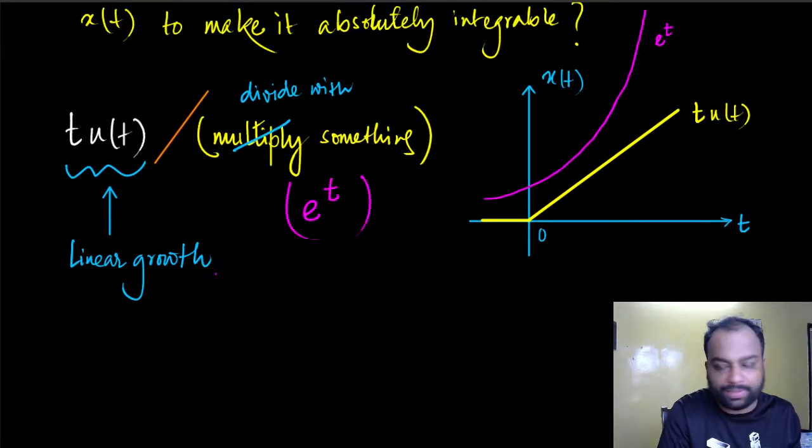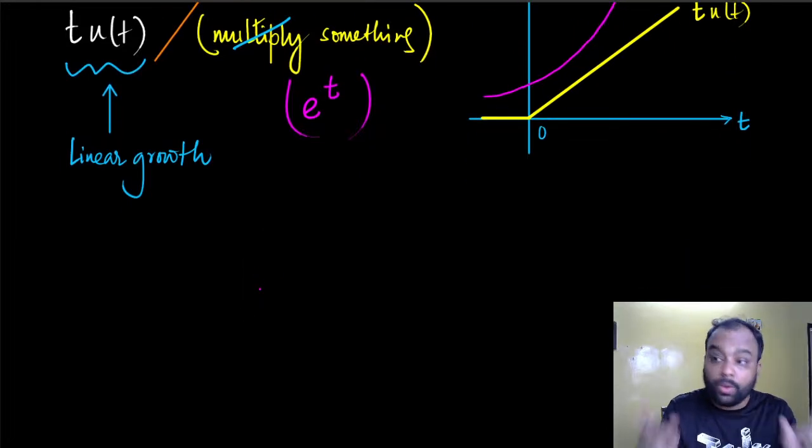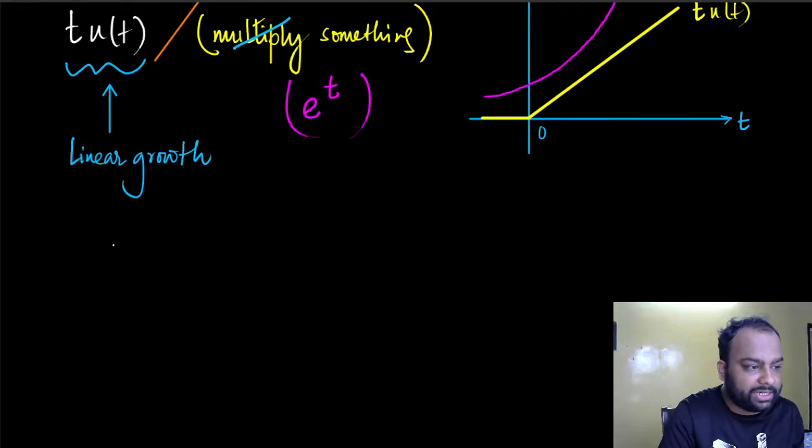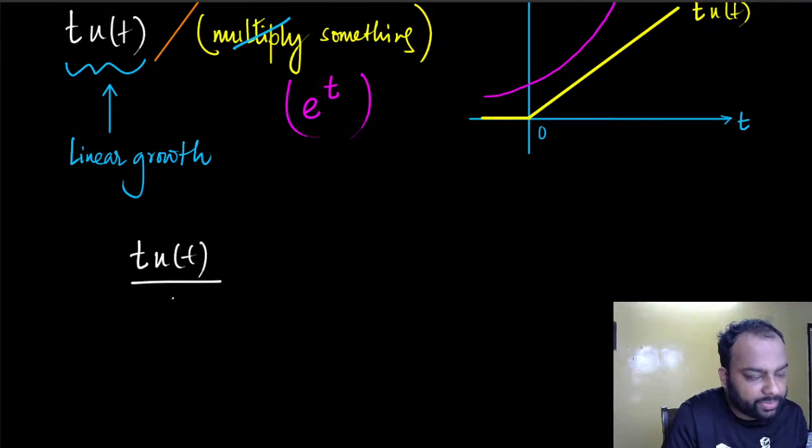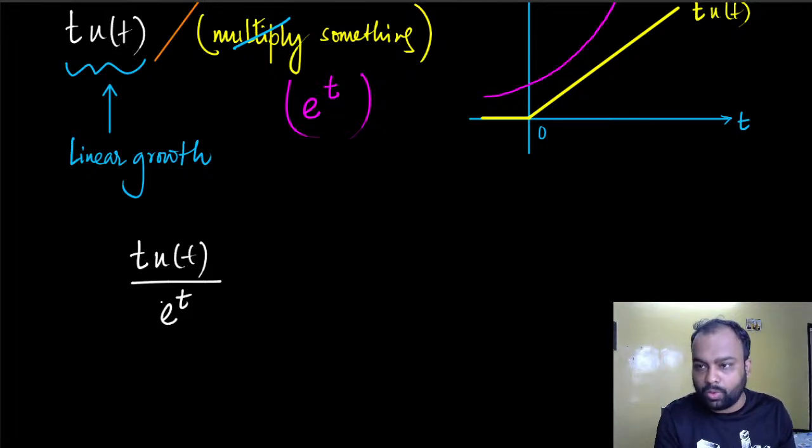And what if I divide the original signal, which was tut, which did not have a Fourier transform? What if I take that original signal tut and divide it by e to the power t? What if I do something like that?